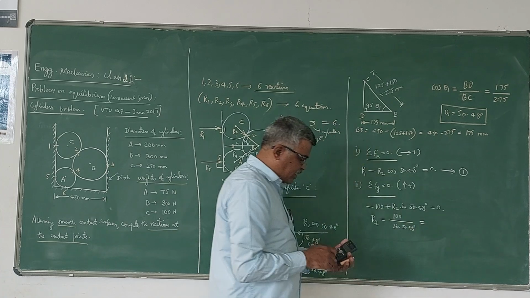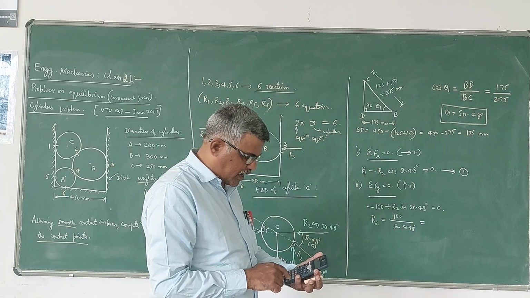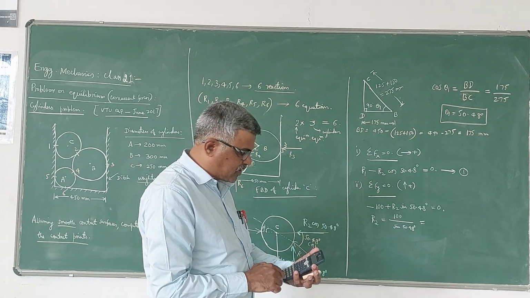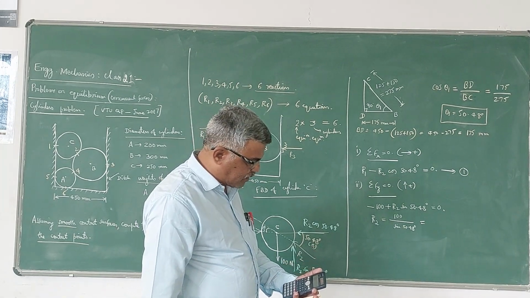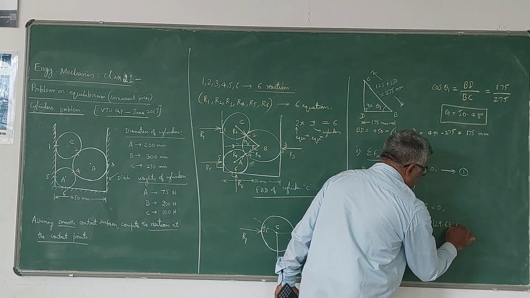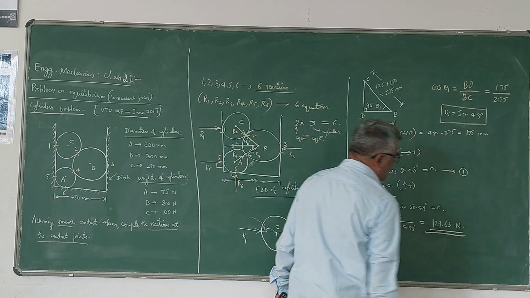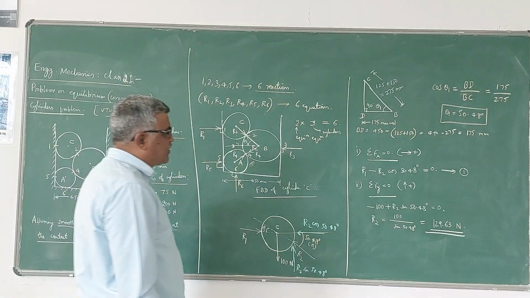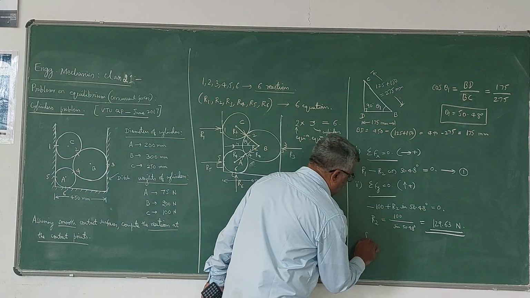Using the calculator, 100 divided by sin 50.48 is equal to 129.63. 129.63 Newton, because the weight of the cylinder is given in Newton, so the reaction also will be in Newtons.